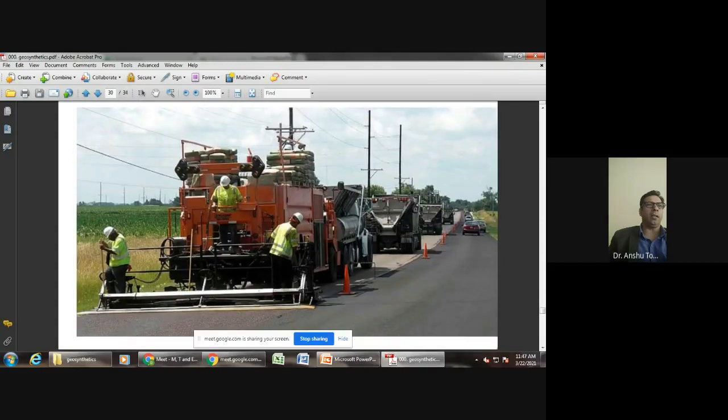So you can see here in the figure that the whole process is done automatically. First the cleaning is there, then optimum moisture maintenance is there. Sometimes we have to give moisture also.